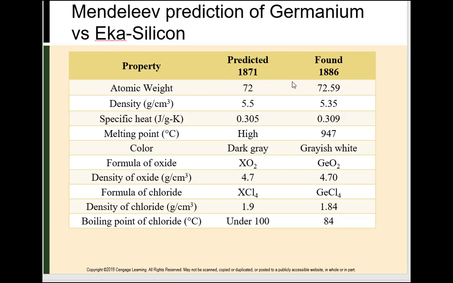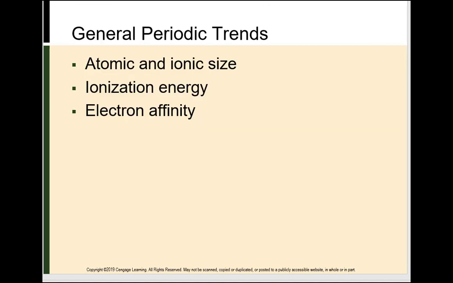He predicted it would have an atomic weight of 72, it was 72.59. Density of 5.5, it was 5.35. So we can see how the predictions were really close to what was found, and they were able to do this based off of trends.